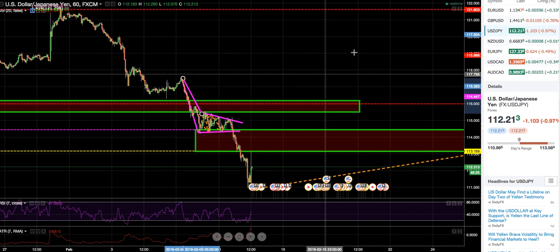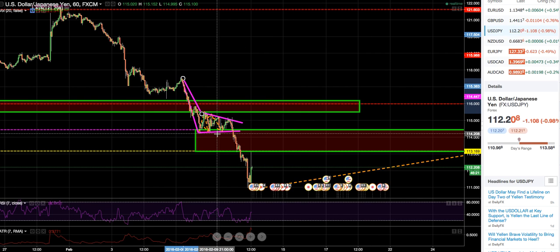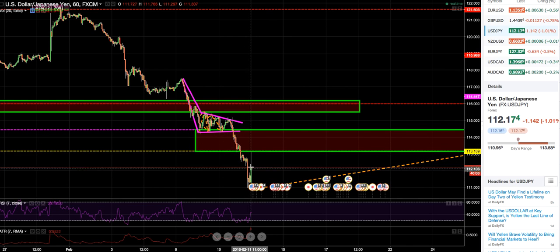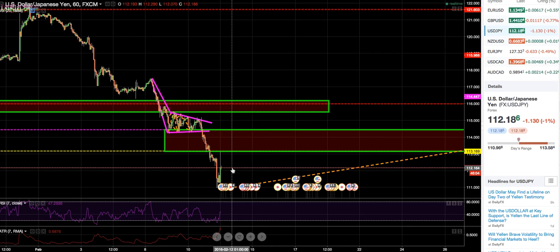So if you are trading the breakout strategy of the basic patterns, then you would have gone short right here somewhere and made a decent amount of pips, right?